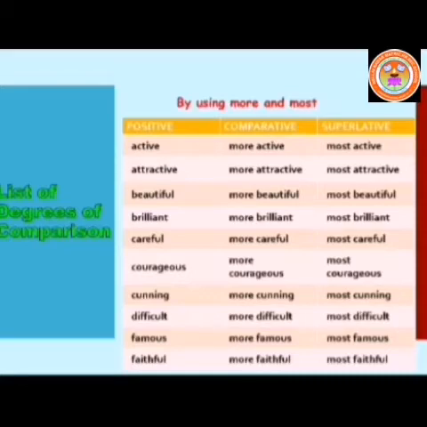And in the superlative form, we have another word, that is most. See here, attractive, more than 2 syllables. Beautiful, so 3 syllables, more than 2, so that's why we add more and most.